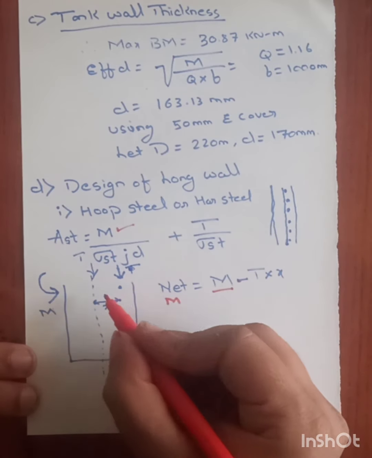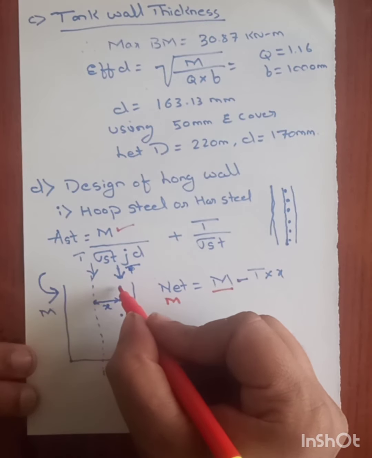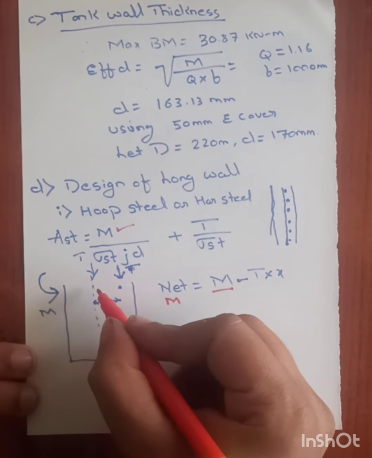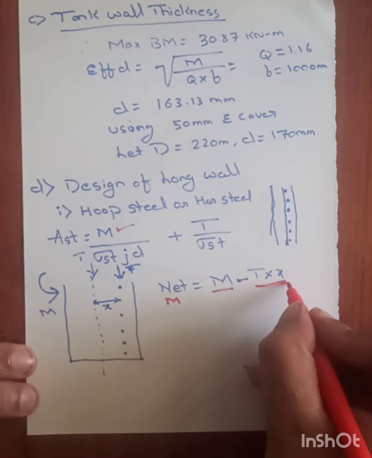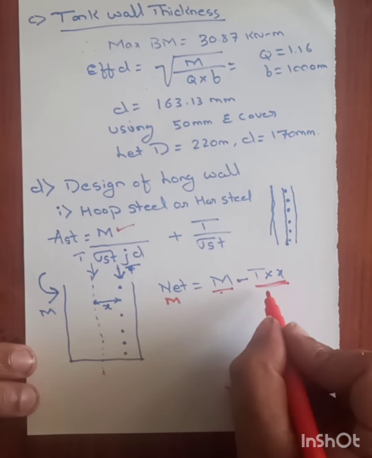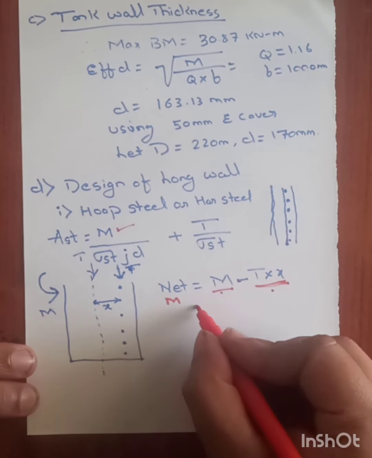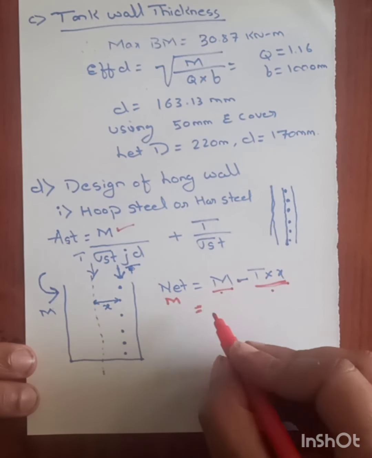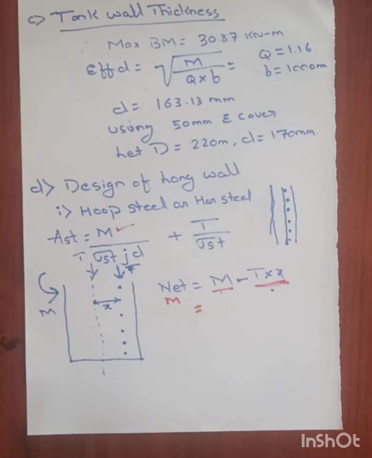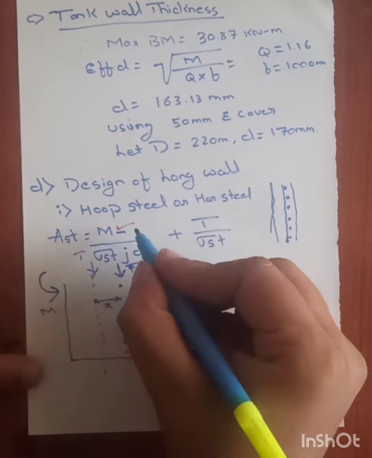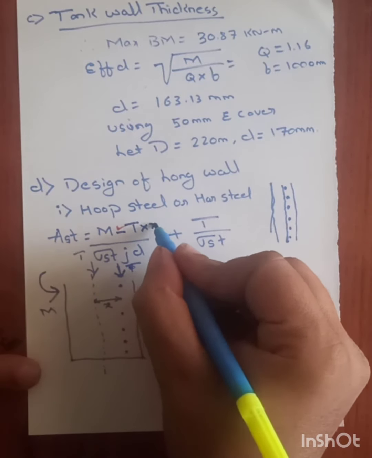Moment is nothing but force into perpendicular distance. This is the distance which will create a moment again. So we are taking advantage of it to find the net moment to reduce the cost. So M will be M minus T into x.